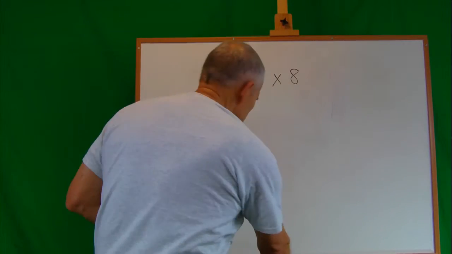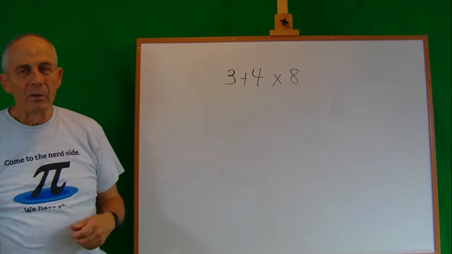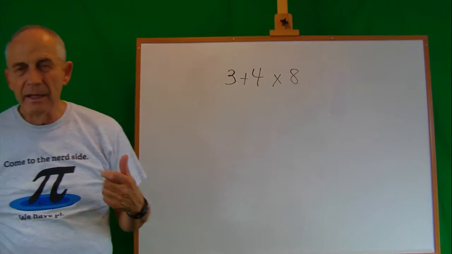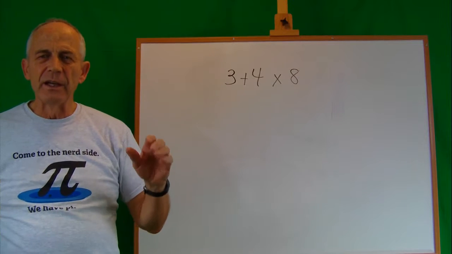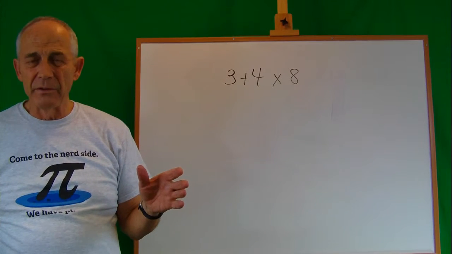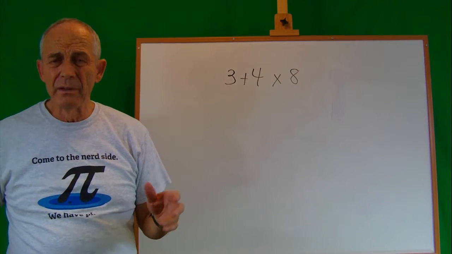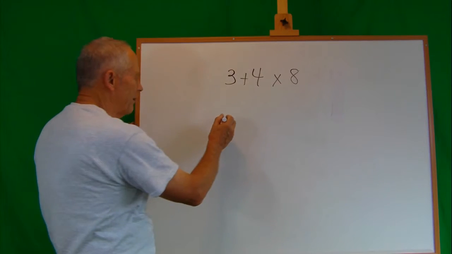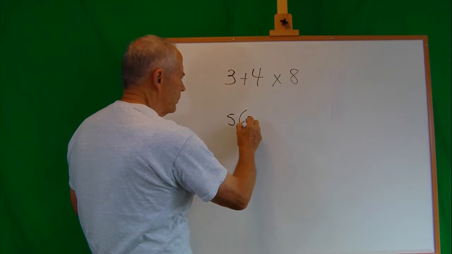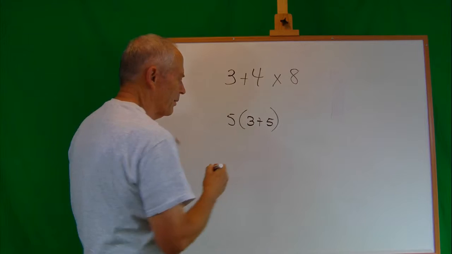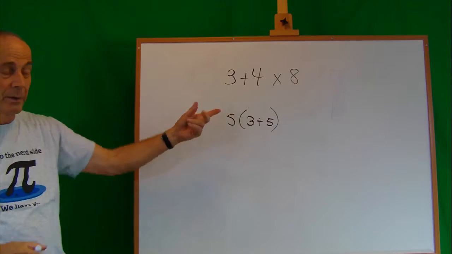Now we'll go ahead and do what they talk about. There is an order of operations that we do first. For example, if I have 5 times 3 plus 2, we talked about that already, or 3 plus 5, that's what I wrote.